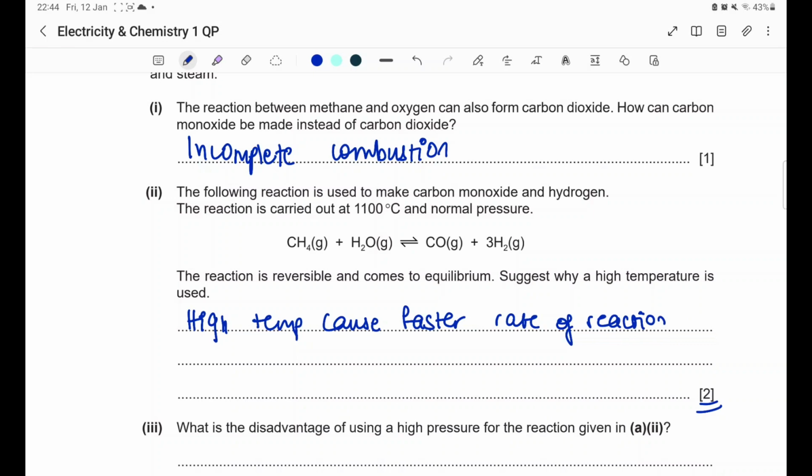However, in the question, they have very straightforwardly said that high temperature is used. They're just asking you why. So the only reason that a high temperature would be used, other than that it's faster, is because your forward reaction is endothermic.